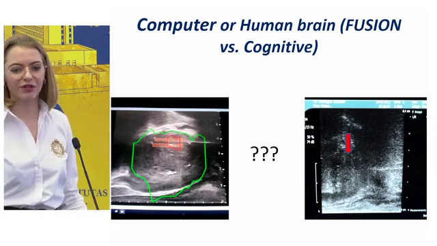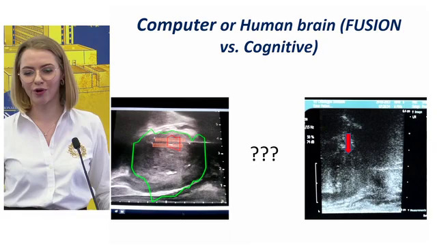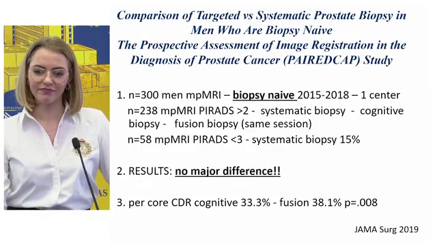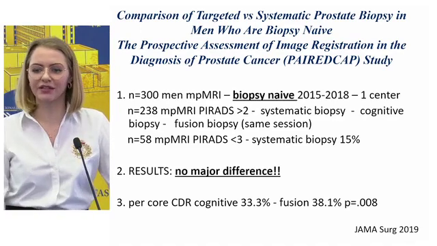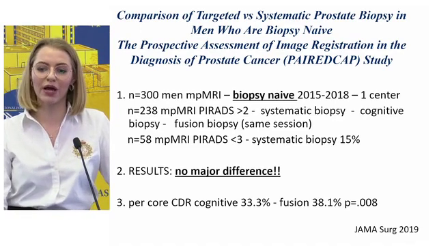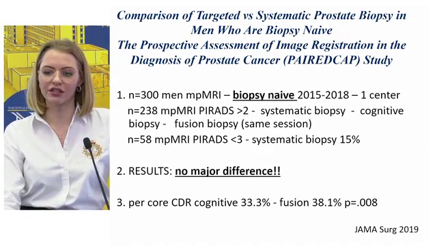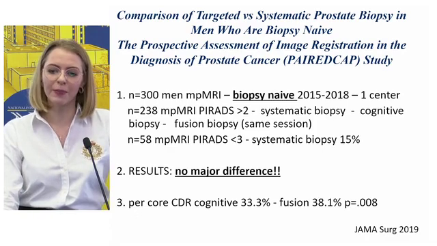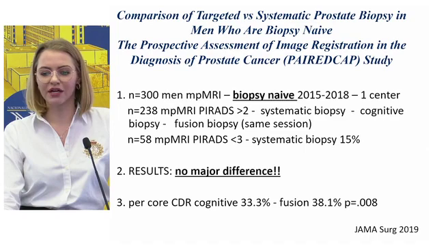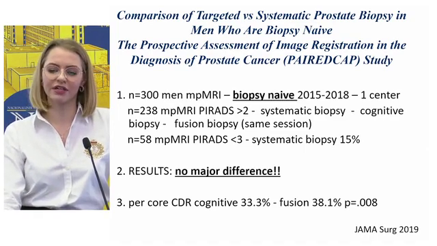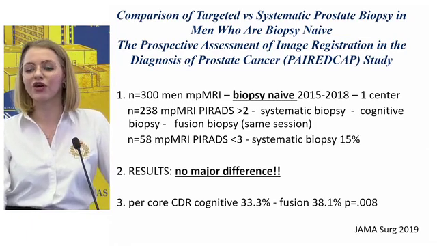So the big question here is whether to choose a computer or the human brain, fusion or cognitive. A comparison of targeted versus systematic prostate biopsies in biopsy-naive men showed no major differences between cognitive and fusion biopsies. Cancer detection rate was almost at the same level: 33% for cognitive and 38% for fusion.